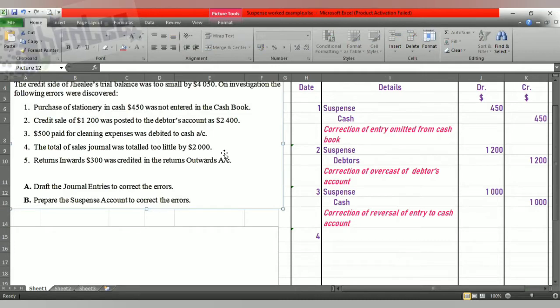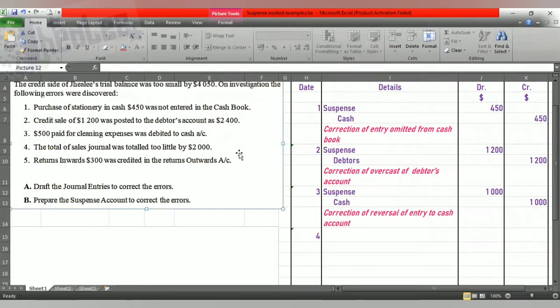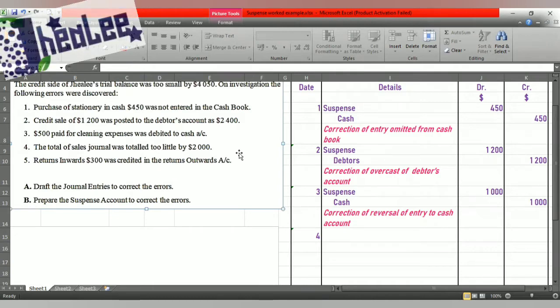So basically, this amount at the end of a sales journal, remember, it is always transferred to your sales account. And if you have totaled 2,000 too little, it means that you have transferred 2,000 too little to your sales account. So because it is too little, it means that the value that it is short of must be placed on the same side of the original entry.